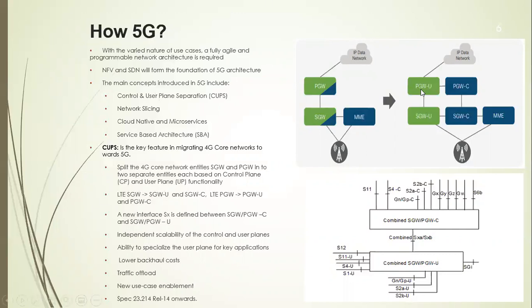So why do we need control and user plane separation? What is the advantage of separating control and user planes? The main advantage is independent scalability of the control and user planes. For example, if you want to update the control plane part of your S gateway or P gateway, you need not bring down the entire node. Because they are separated, you can update only the P gateway control plane entity, and the P gateway user plane will still run as it is while this update is going on.